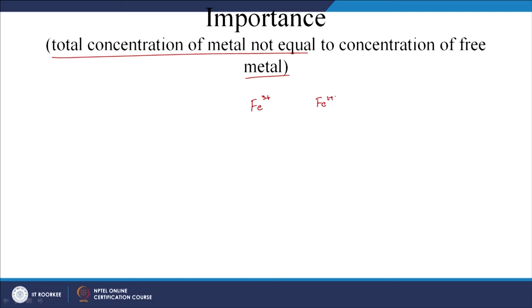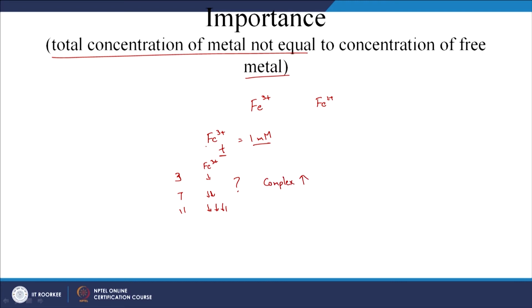For example, I put in Fe3 plus, total was 1 millimolar, but I saw that at different pHs, either 3, 7 or 11, Fe3 plus total is still constant, it is still 1 millimolar, but the free Fe3 plus concentration was decreasing and further decreasing with increase in pH. And why is that? Because the concentration of the complexes was increasing.